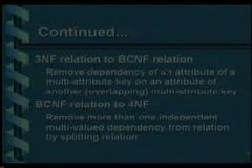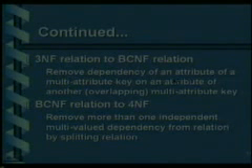Now, how to move from 3NF further? Well, 3NF relation to BCNF, what do we do? Remove dependency of an attribute of a multi-attribute key on an attribute of another overlapping multi-attribute key. In fact, this normal form is required whenever there are overlapped keys, and in the overlapped keys there is a dependency.